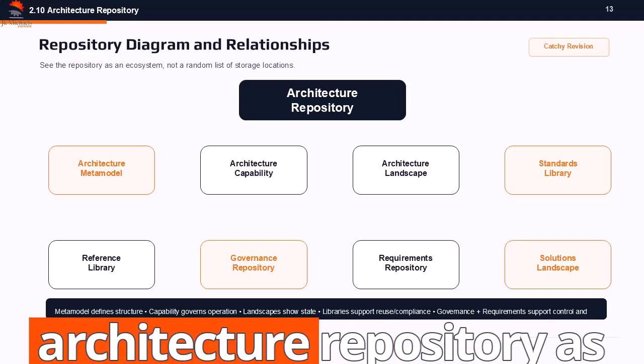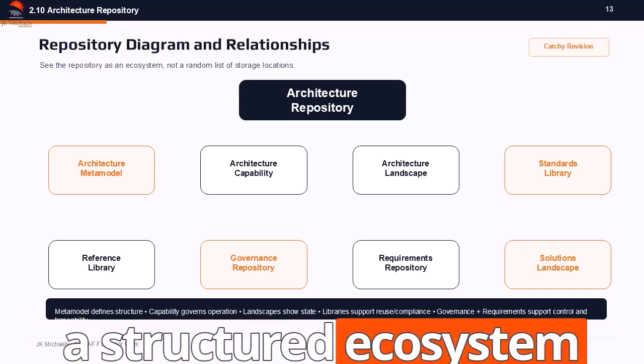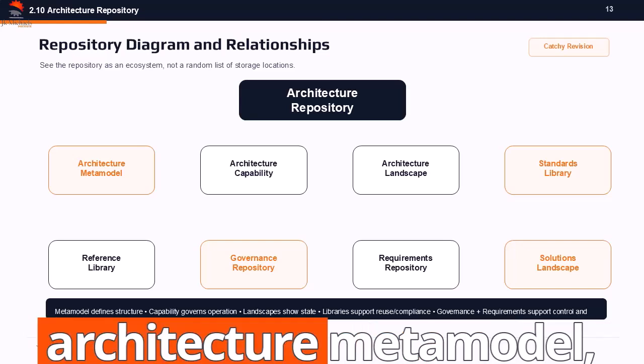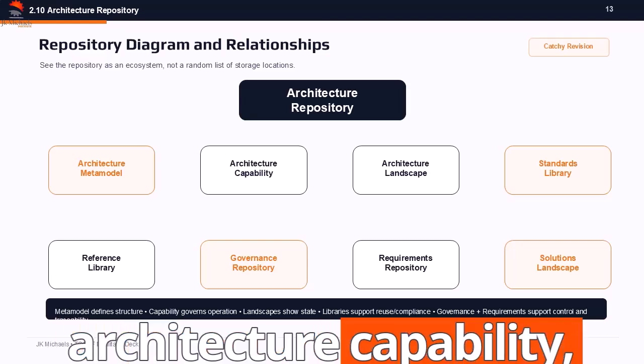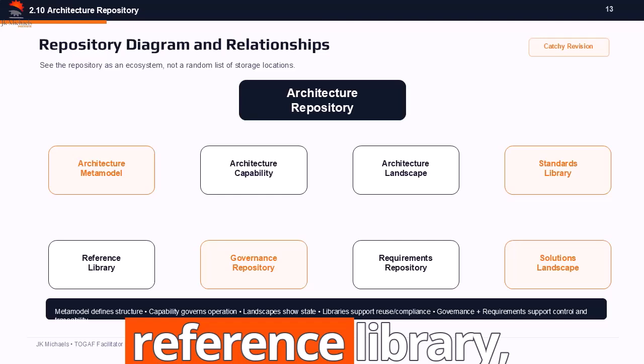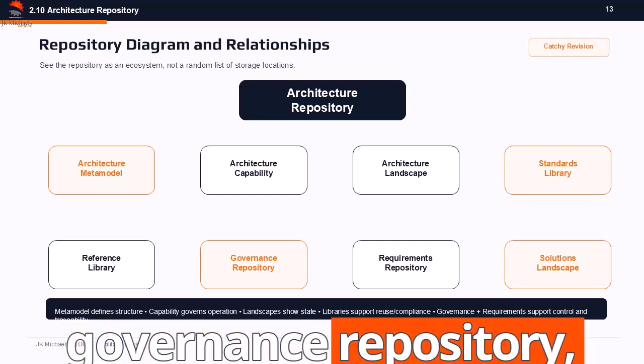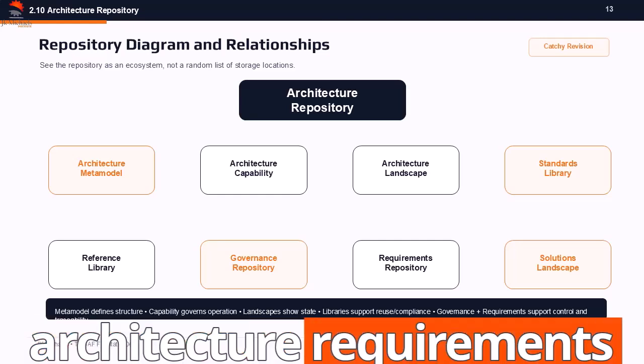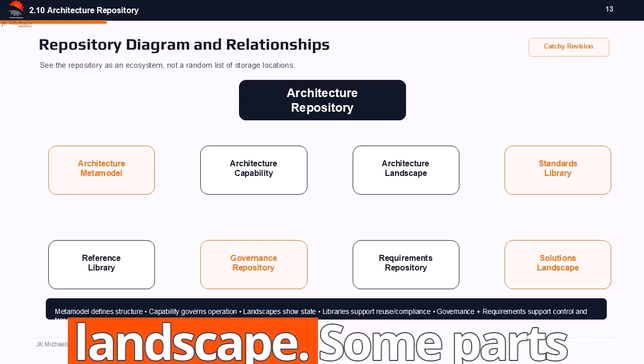It shows the architecture repository as a structured ecosystem that contains the architecture metamodel, architecture capability, architecture landscape, standards library, reference library, governance repository, architecture requirements repository, and solutions landscape.